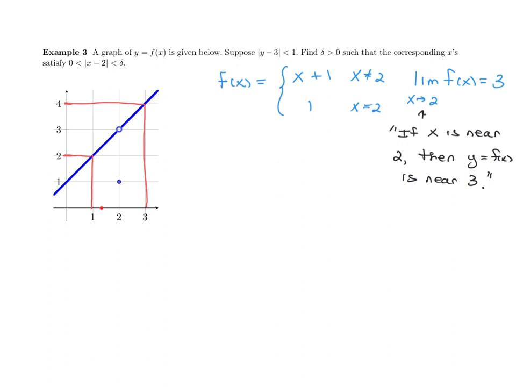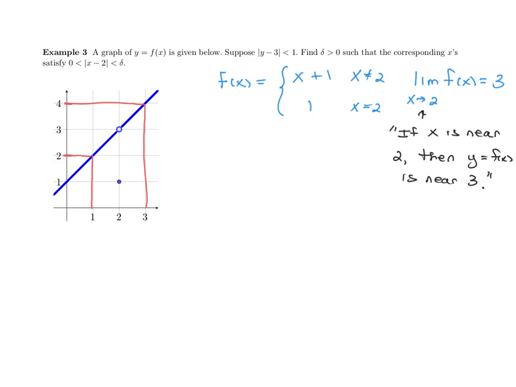And it turns out that if you're within a distance of 1 from 2, so you don't go past this spot or that spot, all the x values in here will be mapped to y values that are within a distance of 1 from 3. The exception being at 2. Here, if you use 2, it takes you to 1, and that's beyond a distance of 1 from this limit.